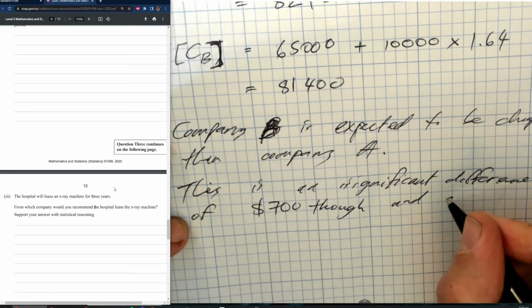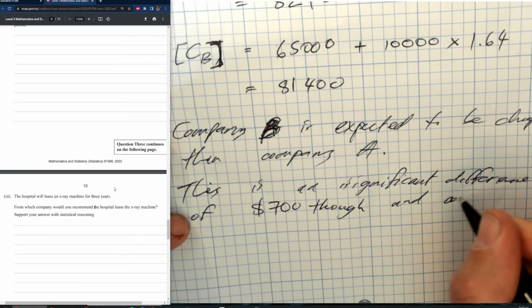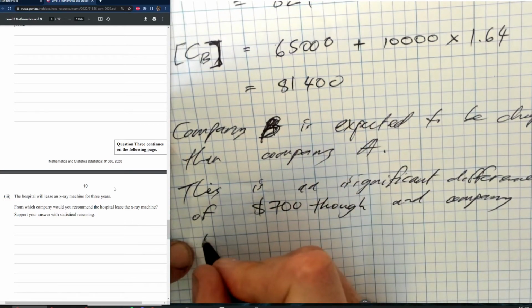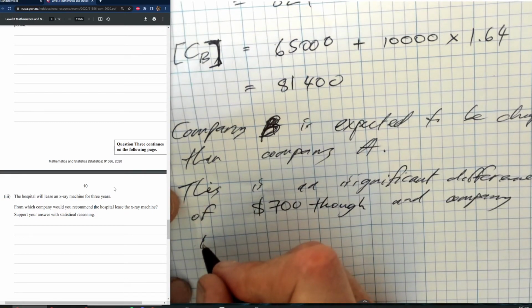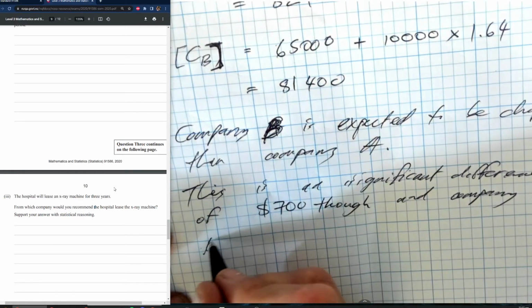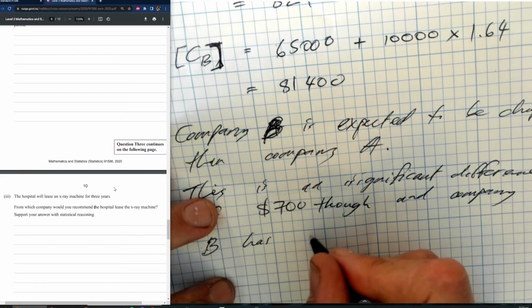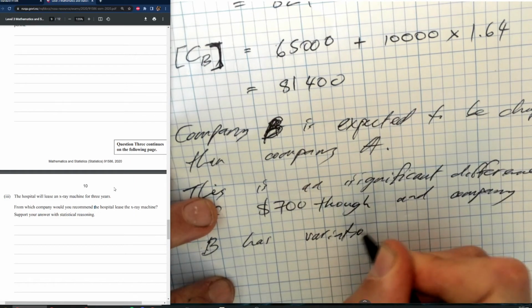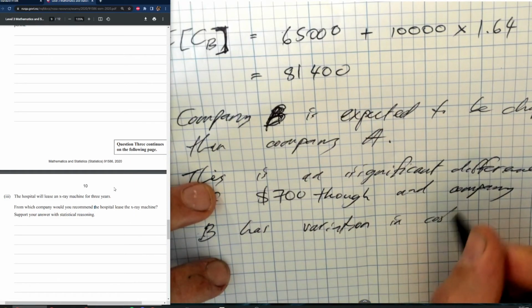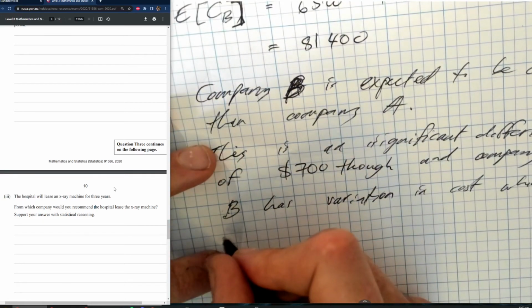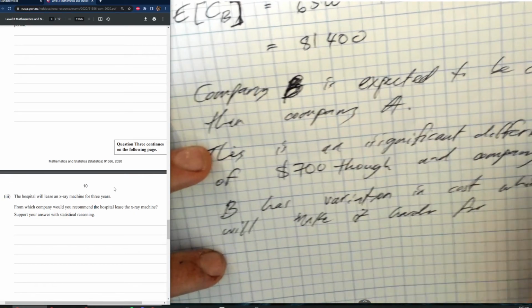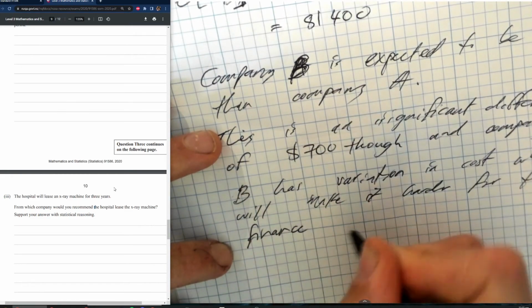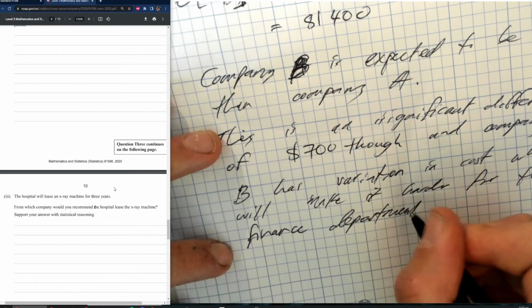And company B, compared to company A, company B has variation in cost, which a hospital might not want, which will make it harder for the finance department, or something like that, to allocate money.